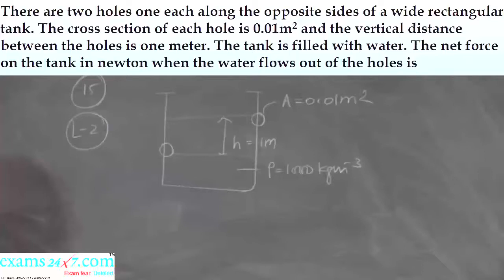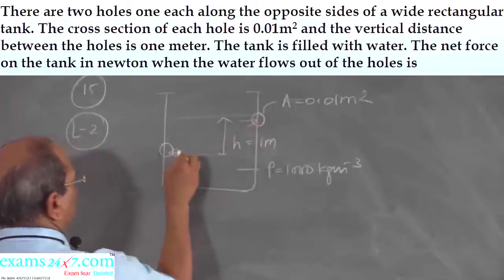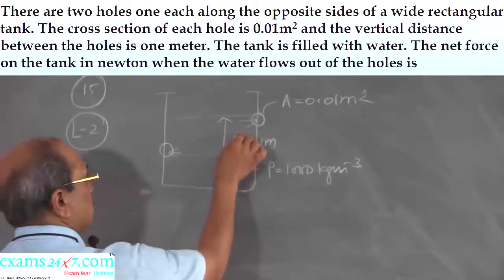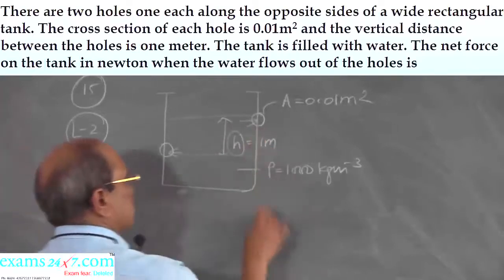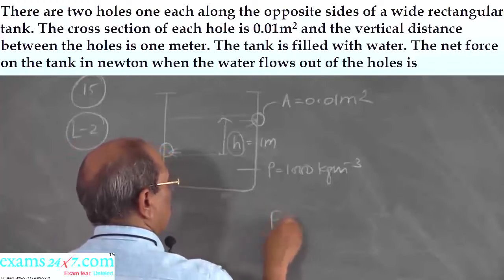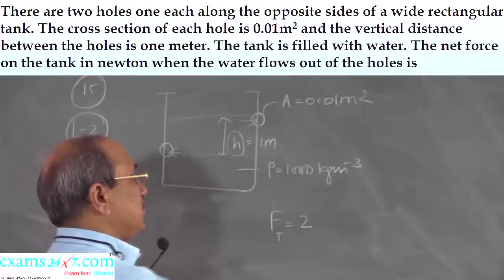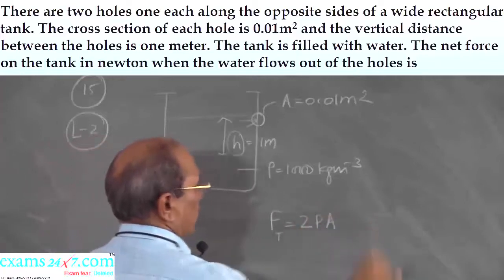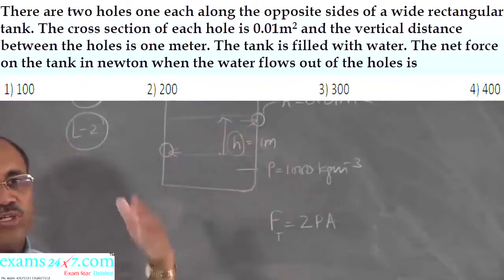Net force on the tank in Newtons. Here also there is a force, here also force. Pressure is measured with this height. So if you take the net force, total force is 2 into PA, not 1 PA, because both forces are added. Total force is added for every hole.